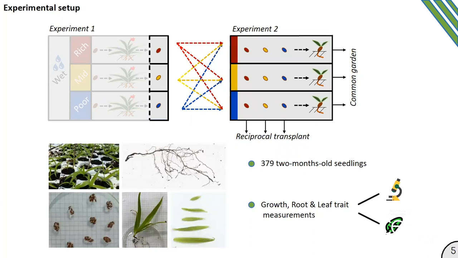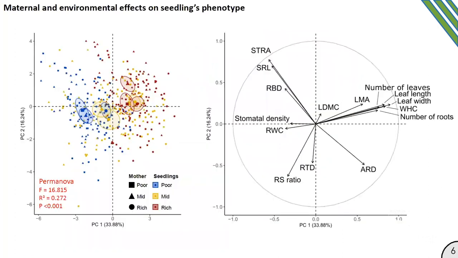And then again, we measured a bunch of traits on leaf and roots of 2-month-old seedlings. And again, don't be afraid, I will walk you through it. So we had 3 mother treatments, 3 seedling treatments, making 9 groups. So let's look at the right for now.